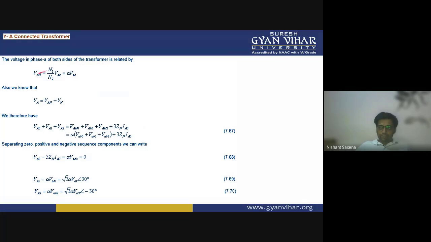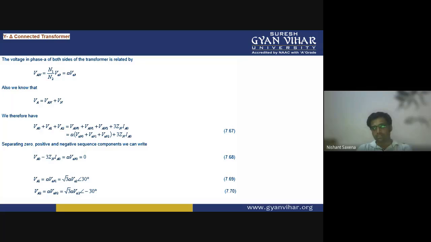So if I assume that VAN is equal to alpha times VAB and VA is equal to VAN plus VN, then I can rewrite this equation as VA0 plus VA1 plus VA2 is equal to alpha times VAN0 plus VAN1 plus VAN2 plus 3Zn into IA0.